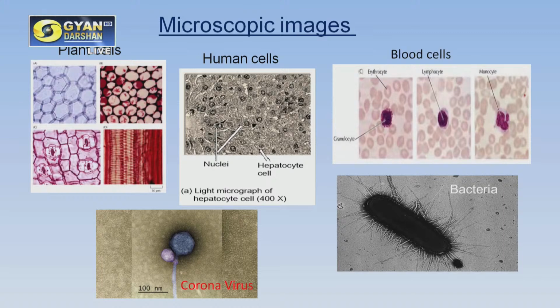A microscope enables us to view smaller things that cannot be viewed by the human eye, because microorganisms, cells, and subcellular organelles are microscopic in size. So we need a microscope to visualize the smaller things.